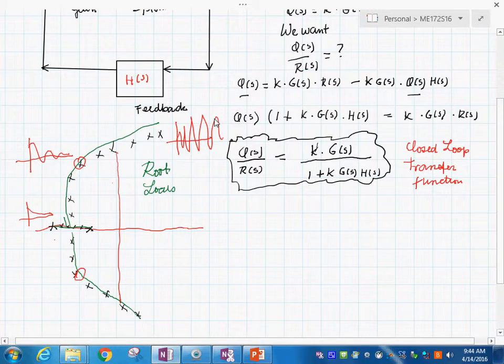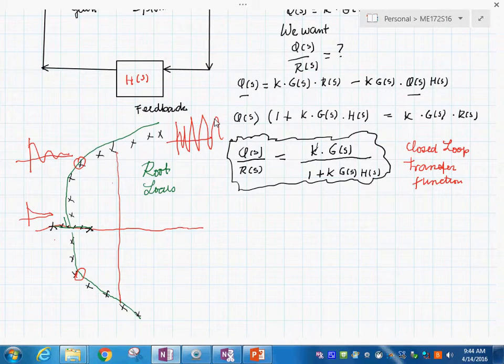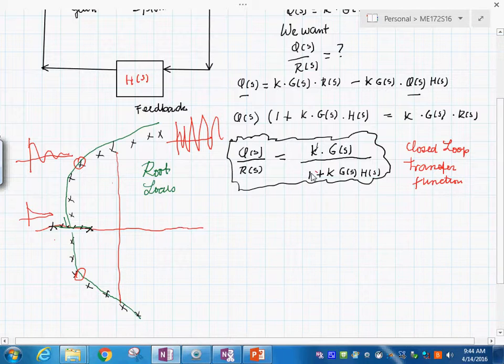So you begin to see why what Evans was saying was so important. Because by changing the value of k, he could actually predict where this point is, the point where the root crosses the axis, and that is the point where you could say the system has a limit.